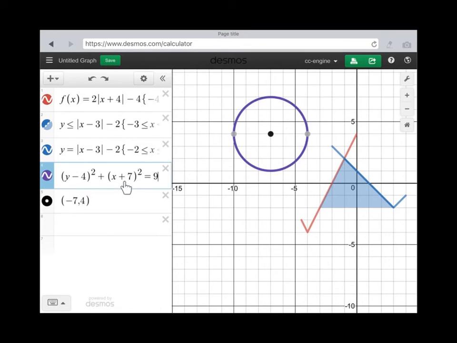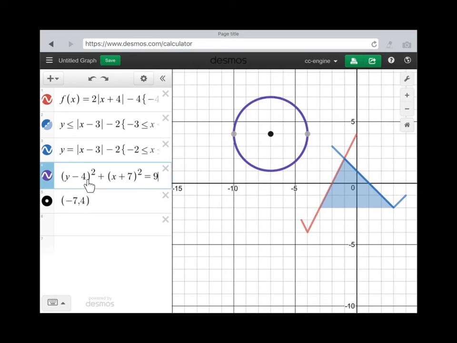Okay, so my 7 is, or excuse me, it's a -7 because the equation of a circle is y minus k squared plus x minus h squared equals the radius squared. And here on my radius, notice my radius is 3, and 3 squared is 9. Okay, so here's my h, and it goes with my x value, x minus h, and minus a -7 gives me a +7.